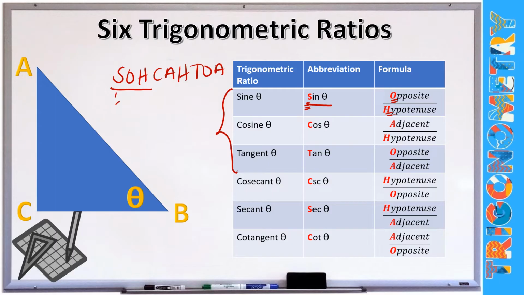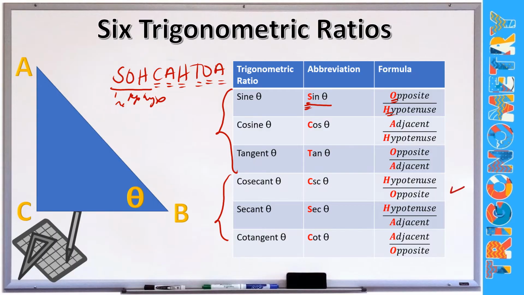For cosine, we have adjacent over hypotenuse. Tangent is opposite over adjacent. Then to memorize the other three, they're just the reciprocals of our first three ratios.